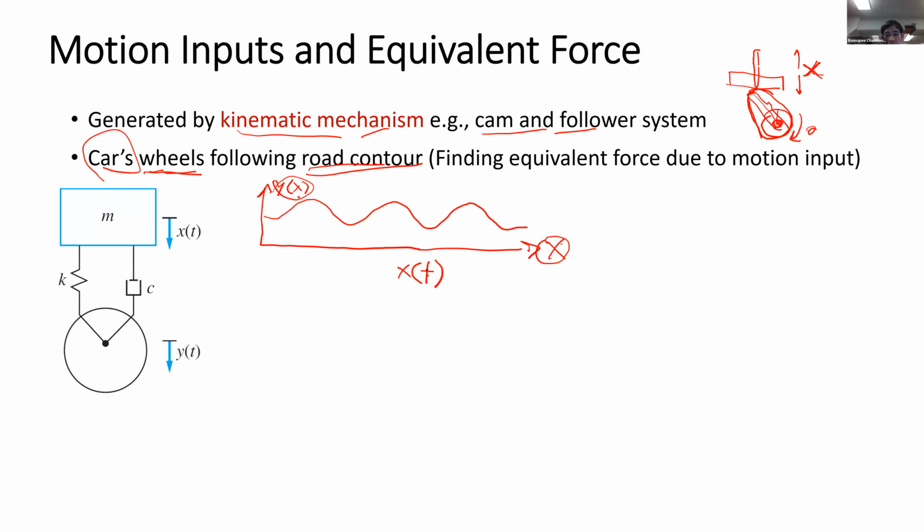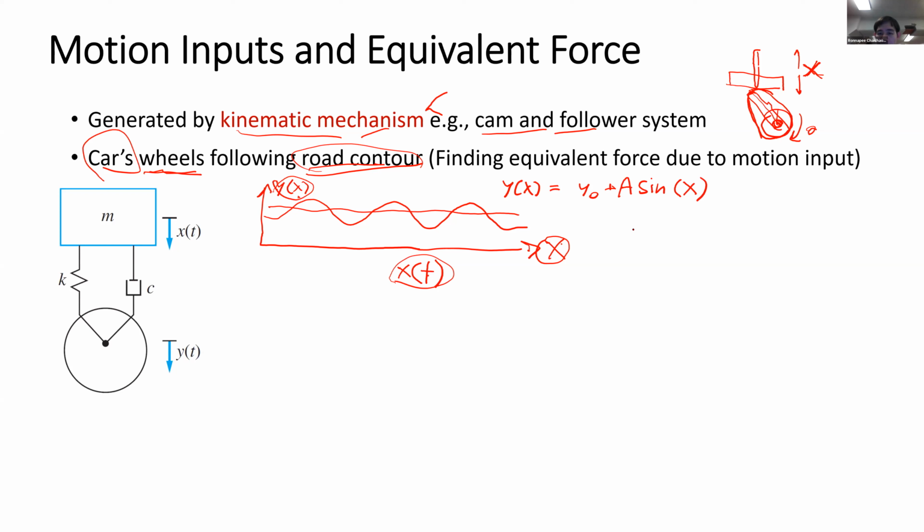For example, if you drive a car with constant speed on a road that has a contour as a sine function, y(x) equals maybe y0 plus a sine of x. And you know that x depends on time.